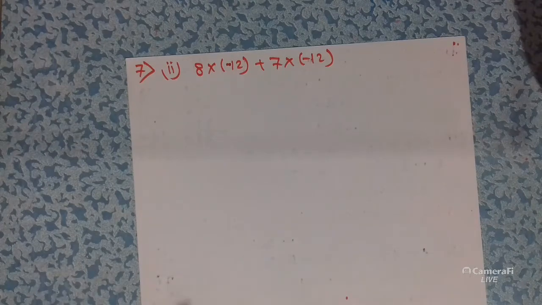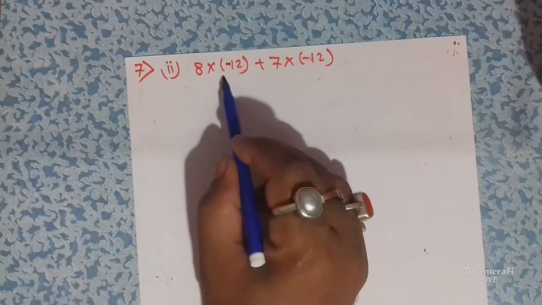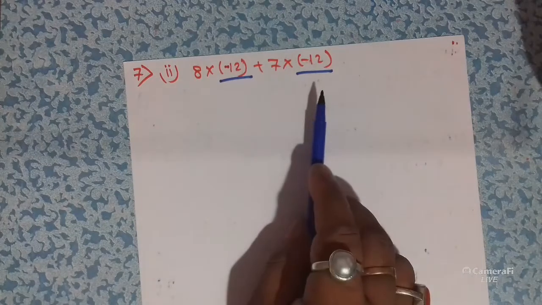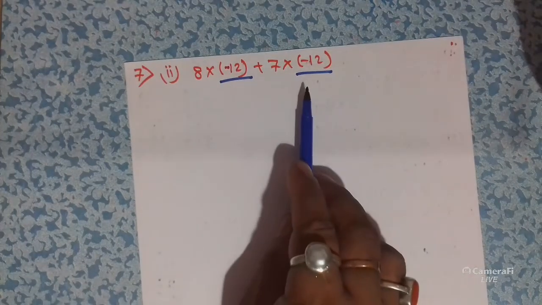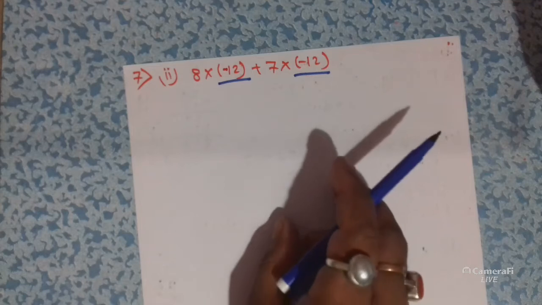So here students, you can see that in this question minus 12 is common in both the terms. Okay, minus 12 is in both the terms. So we can take minus 12 as common.